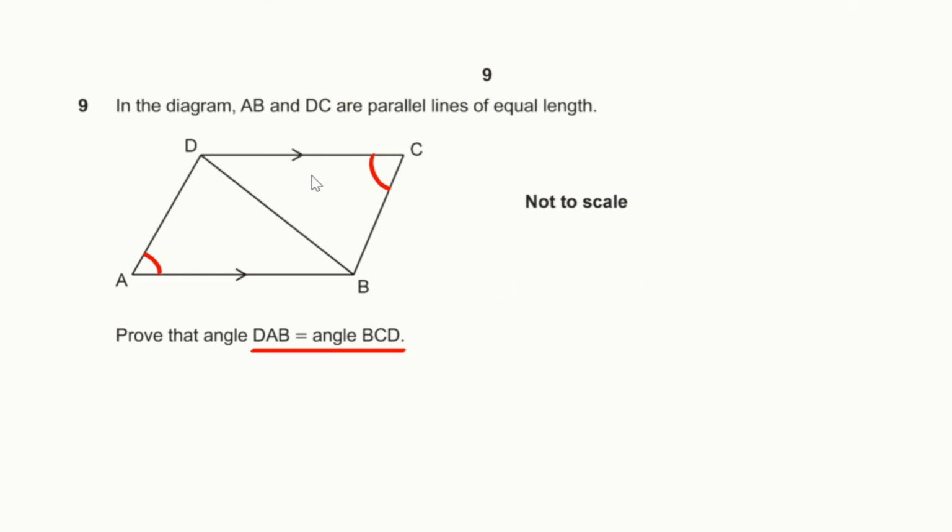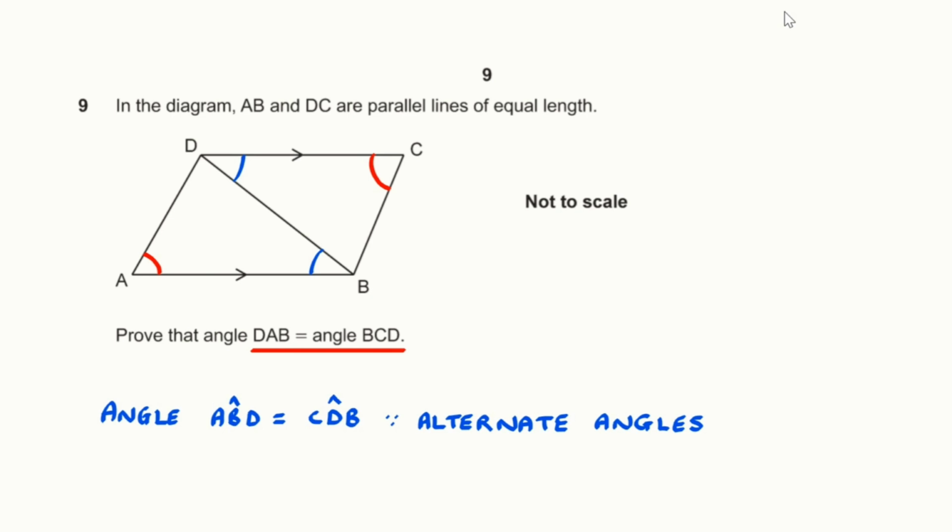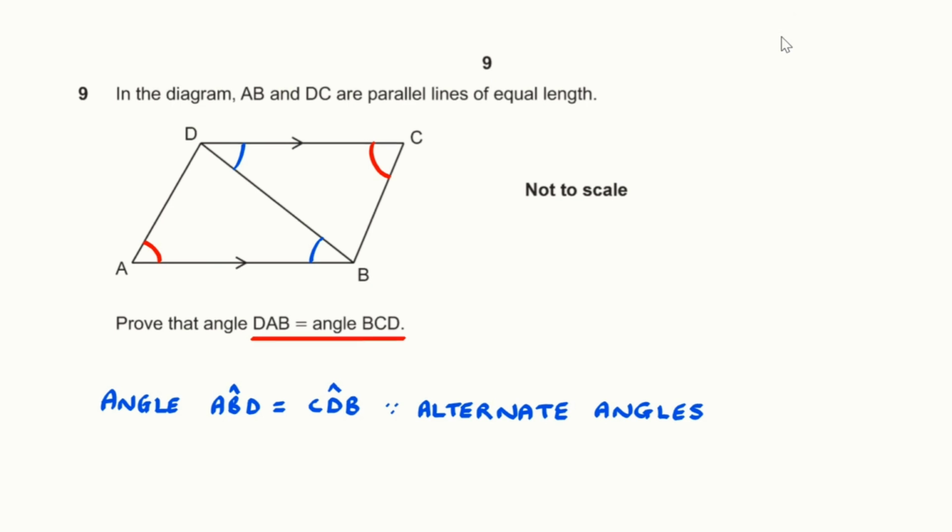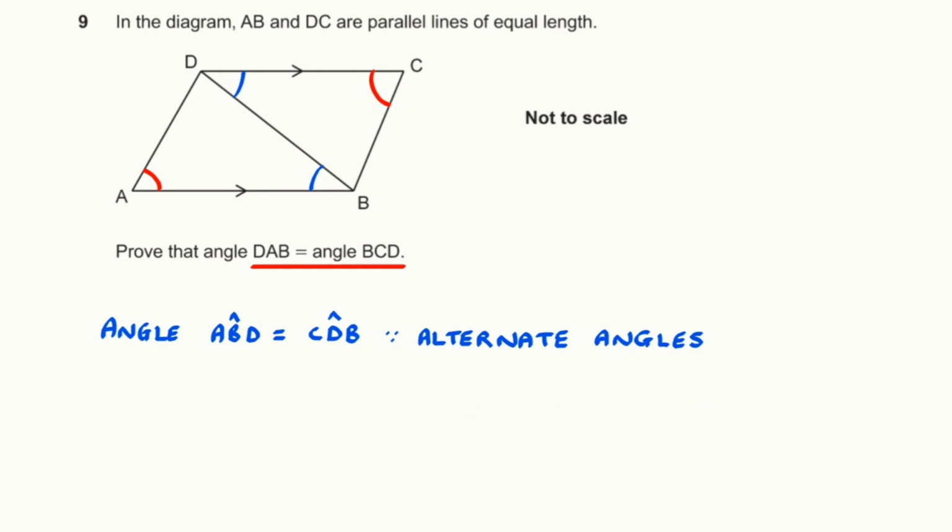First of all, the angle ABD, that's this angle here, will equal the angle CDB. That's this angle here. So the angle ABD is equal to the angle CDB, and that's because they are alternate angles. We can also see that this length over here is common to both triangles.